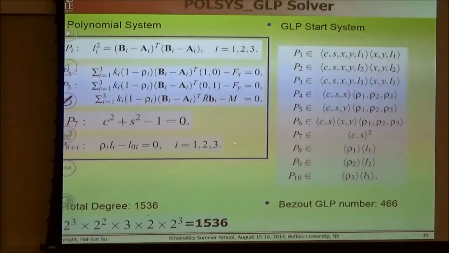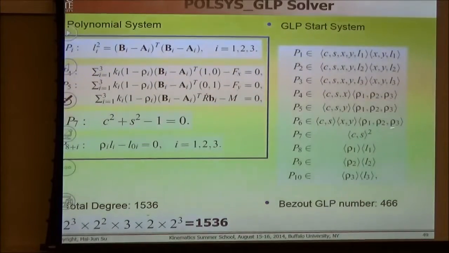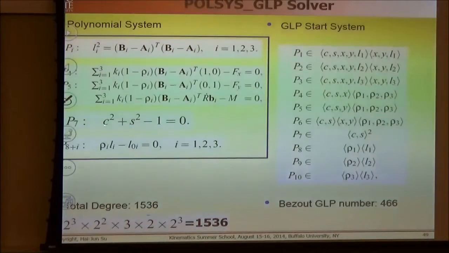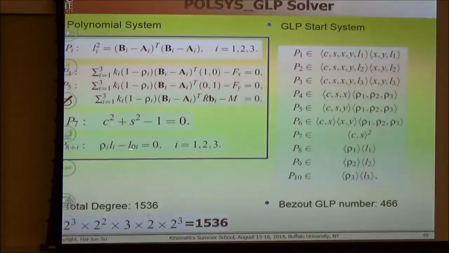For instance, this one is just CS squared, because there's no mixed term, so let's put that as an easy one. These are rho i and Li, also variables, because you remember the length of the links is also a variable.